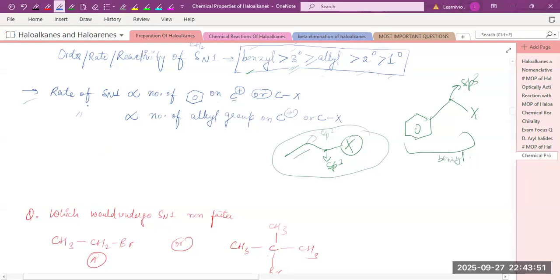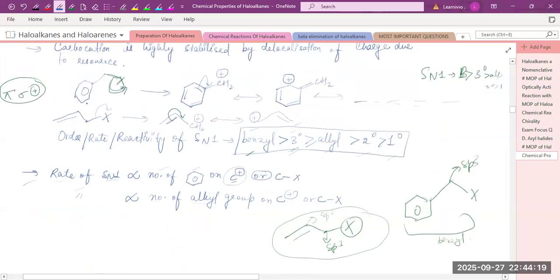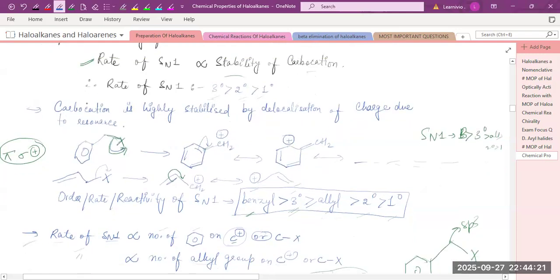So just remember, the rate of the SN1 reaction depends on the number of benzene rings attached to the carbocation. The second point is the number of alkyl groups. The more alkyl groups present on the carbocation, the more will be the reactivity.